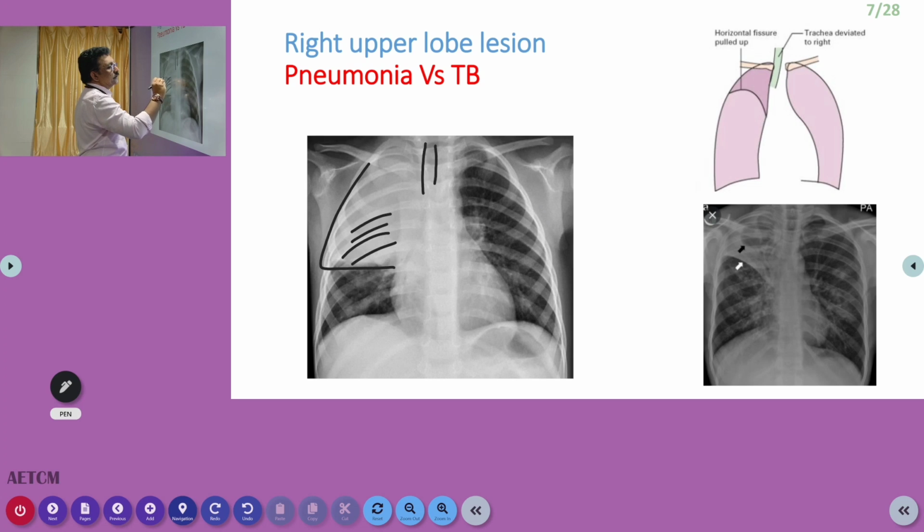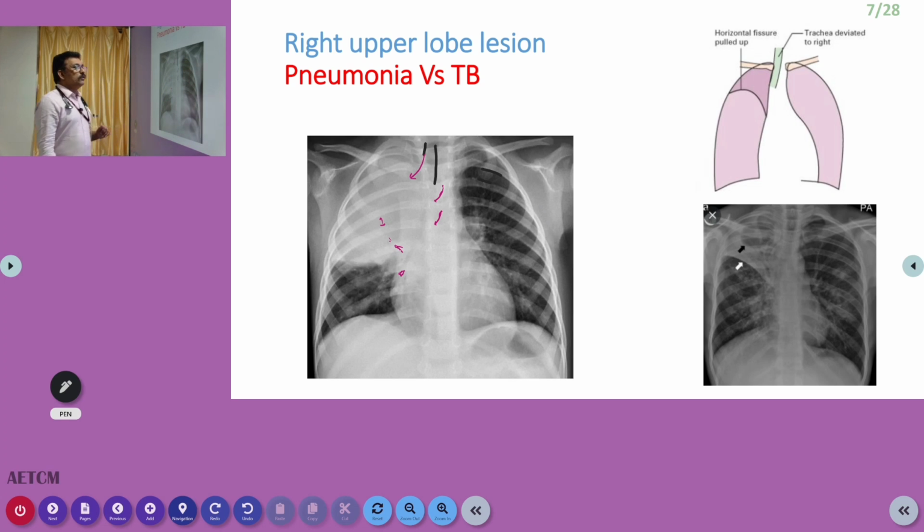All the rib spaces are normal like the opposite side. Suppose it's a collapse, there will be collapse of these rib spaces. Rib spaces are not collapsed and trachea is not deviated to this side. So it looks like a consolidation. Upper lobe consolidations are mostly due to Klebsiella pneumonia.